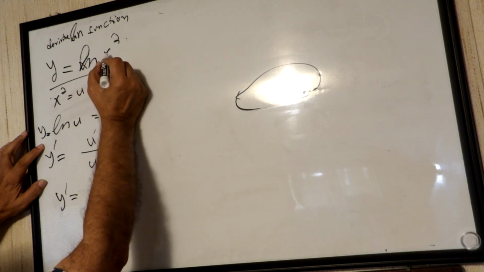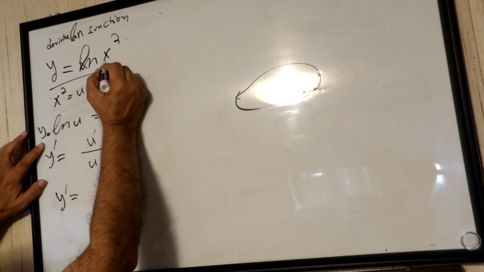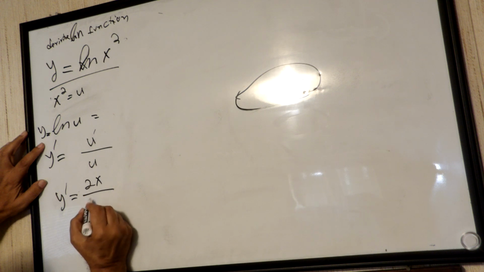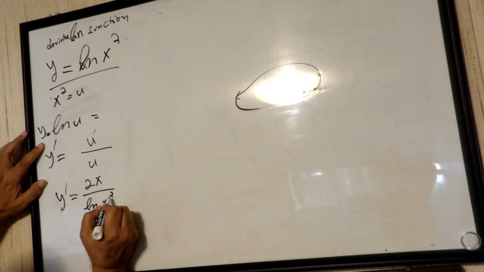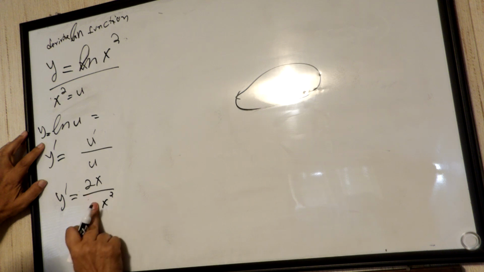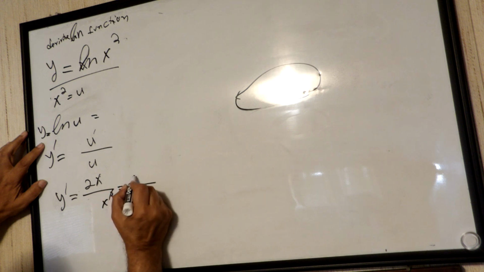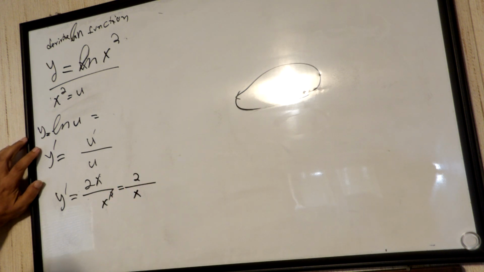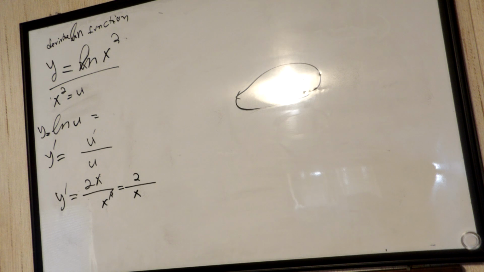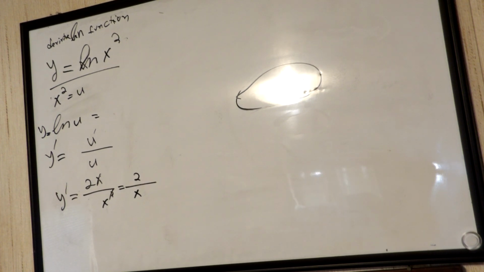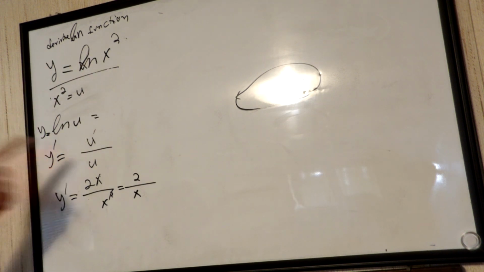U is equal to x squared, so u prime is going to be 2x, and then you write u, which is x squared, and when you simplify, 2 over x. So just keep in mind that this is ln u, and then u prime over u, that's it.